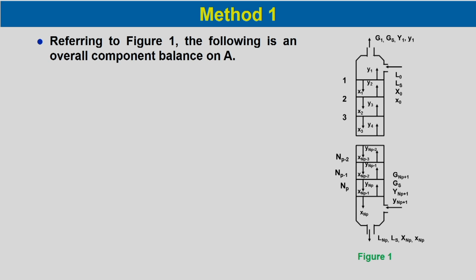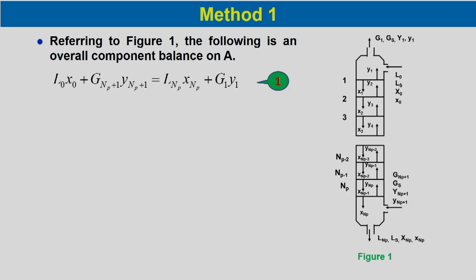Now, referring to this figure, if we do the mole balance on component A, we can write the overall component balance. So, L naught x naught plus G N P plus 1 into Y N P plus 1.